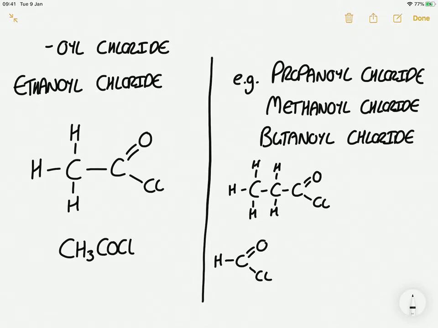It can look a little bit weird, but that's right. Quick reminder that methanoyl chloride is not very stable, so we don't really look at its reactions, and generally speaking we tend to stick to ethanoyl or propanoyl chloride. But anyway, butanoyl chloride, 4 carbon atoms this time, and the appropriate number of hydrogens.